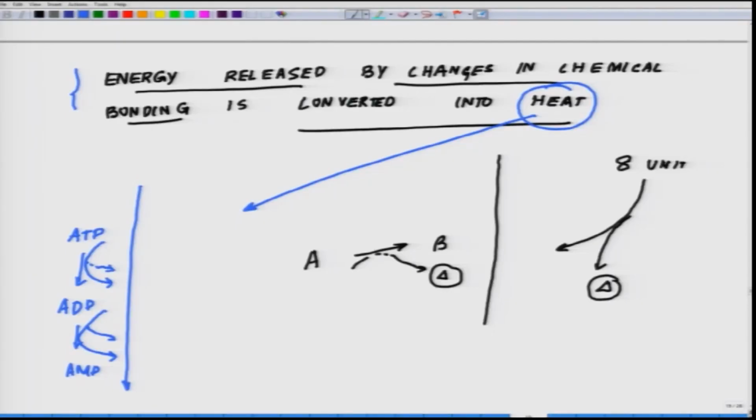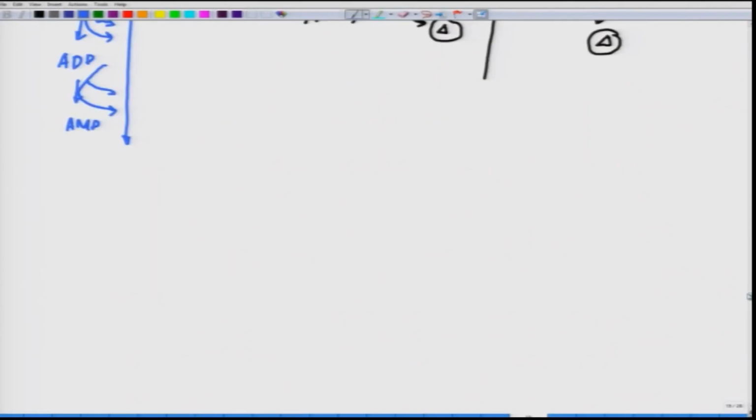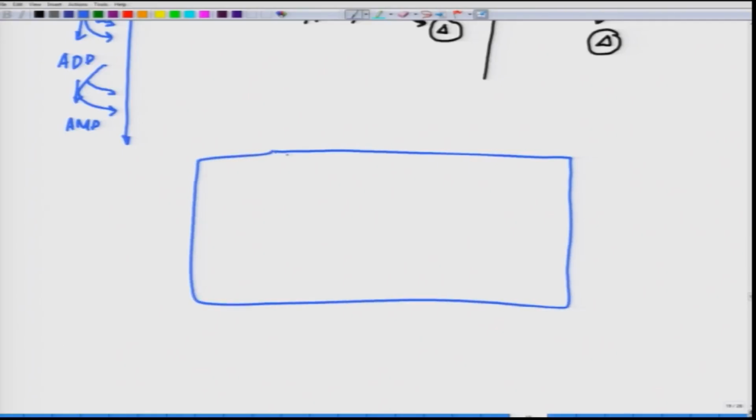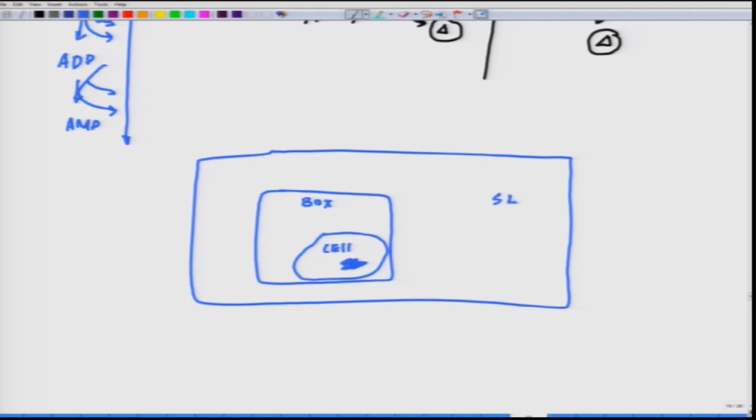In order to understand this, consider an enclosed system like this. Here you have a box, and here you have a cell, and here you have the universe.